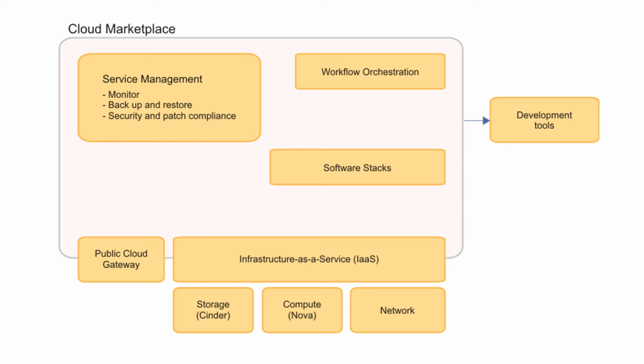Infrastructure as a service consists of storage, the service name is Cinder, compute, the service name is Nova, and the network. So, this is the architecture provided by IBM to their cloud marketplace.